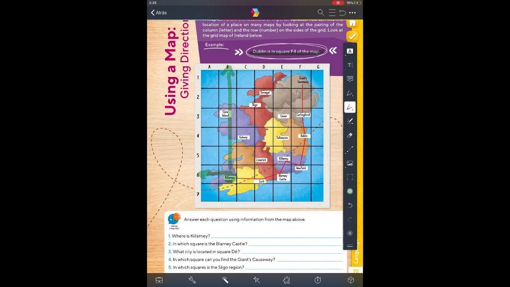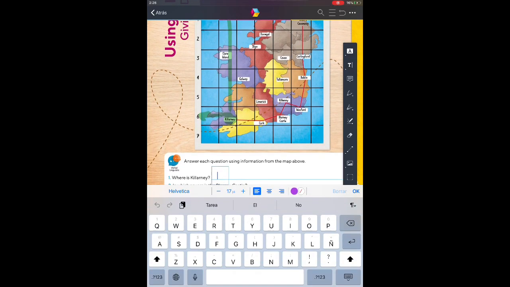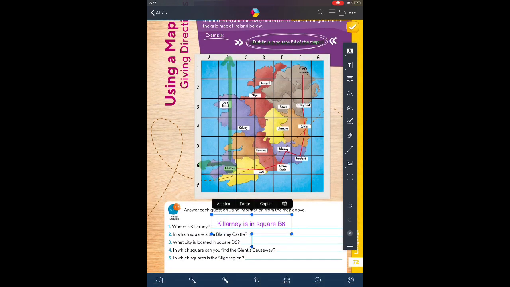So where is Killarney? So we write Killarney is in square B6, okay? Because we're seeing it here. B6, okay?